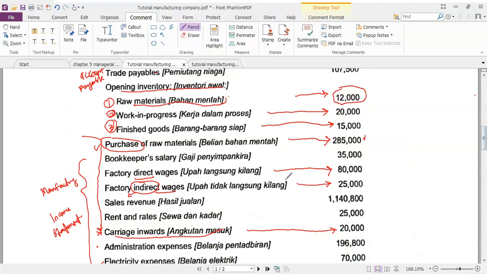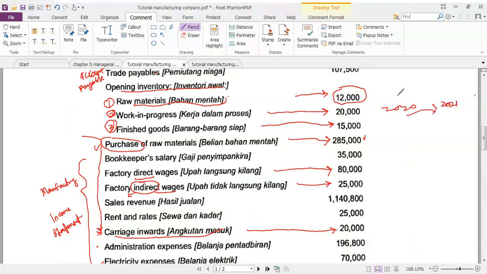Yes. Kalaulah in the question they said paid in advance, it means that dah terlebih. You already paid an excessive amount. So the excessive amount is not for that current year, 2020. That amount is for the next year, 2021.